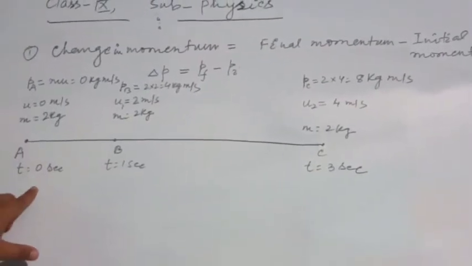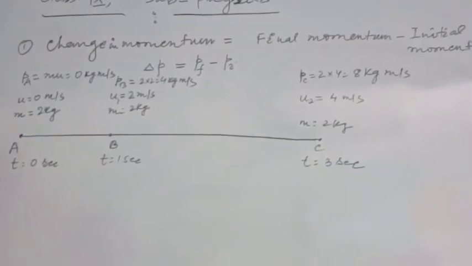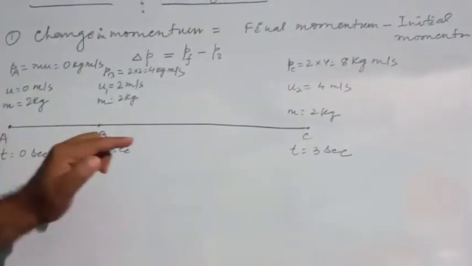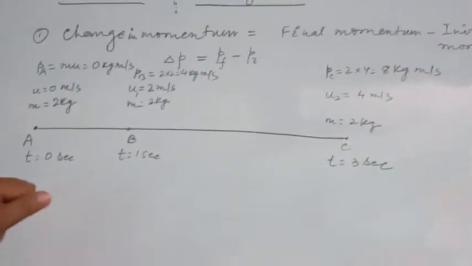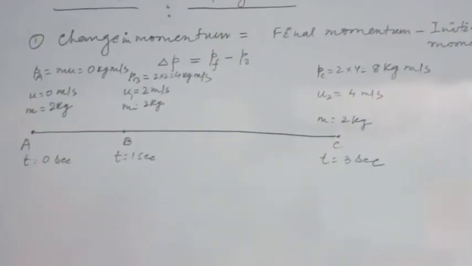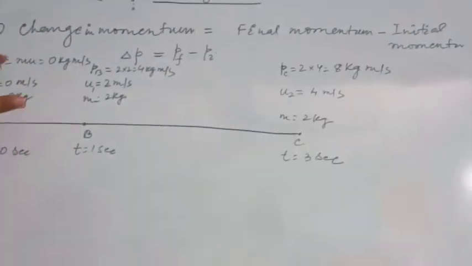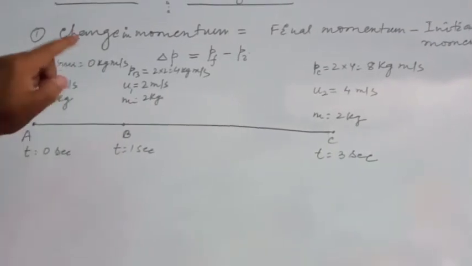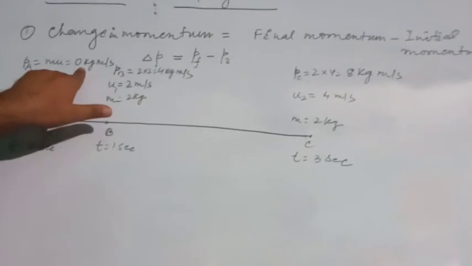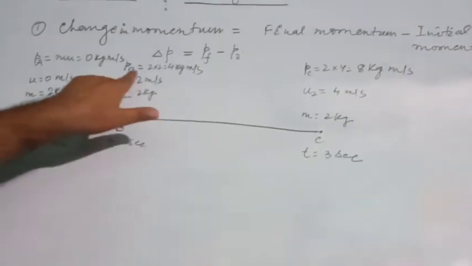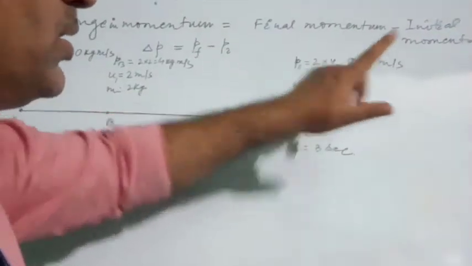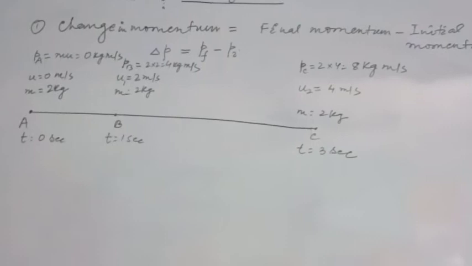You observe that when the body moves along the line AC from A to C, the velocity of the body increases, and you also see that the momentum of the body increases. At point A it is 0 kg meter per second, at point B it is 4 kg meter per second, and at point C it is 8 kg meter per second.